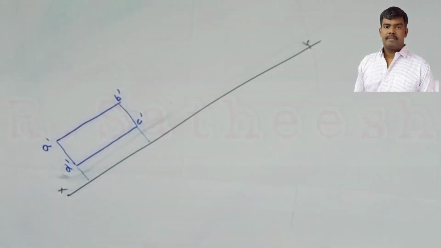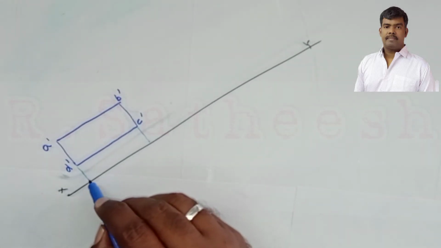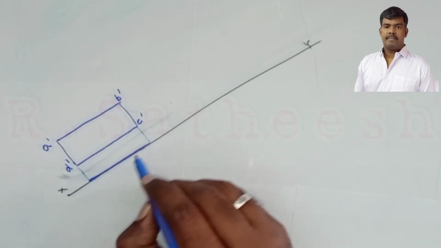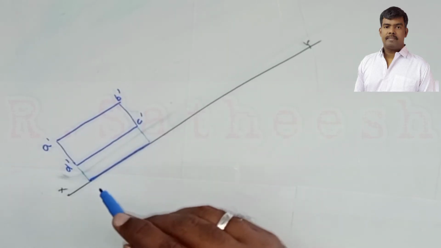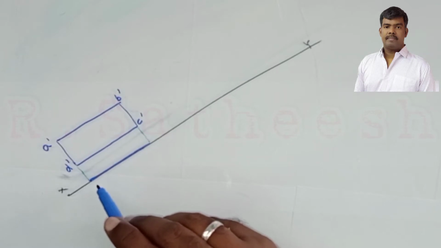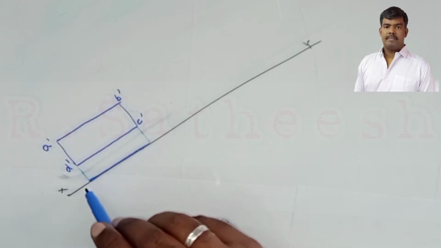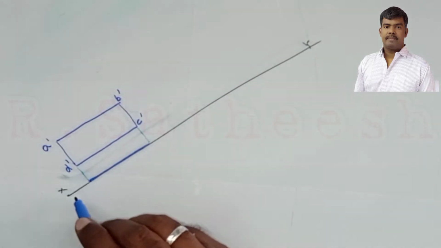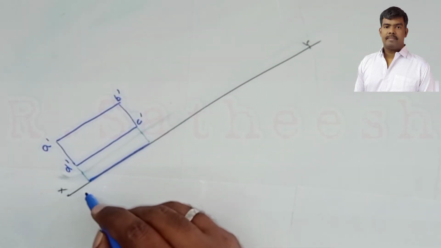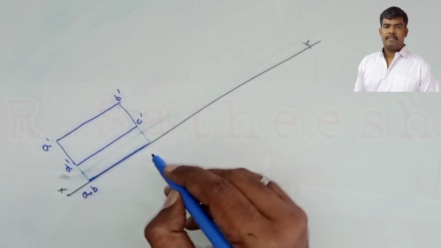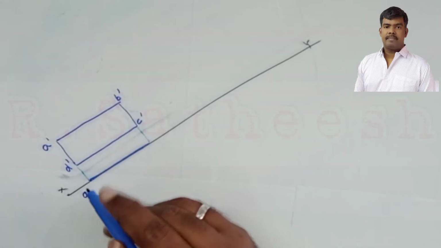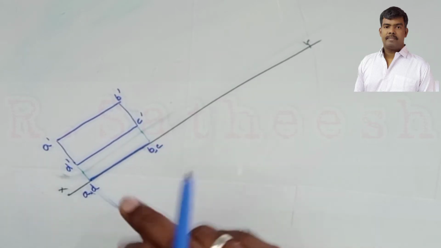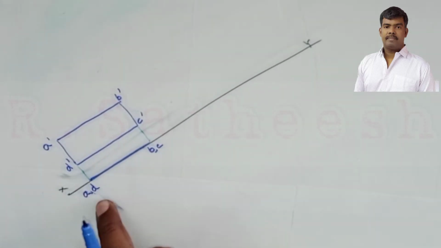Because the shorter side is resting on the VP, before tilting the whole plane is completely resting on the VP. Therefore the top view lies on XY. Therefore this is A comma B, this is A comma D, this is B comma C, A, B, C, D like this.